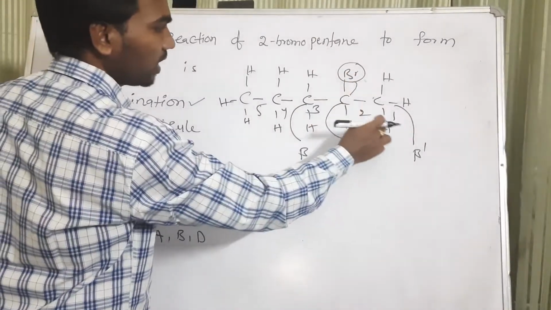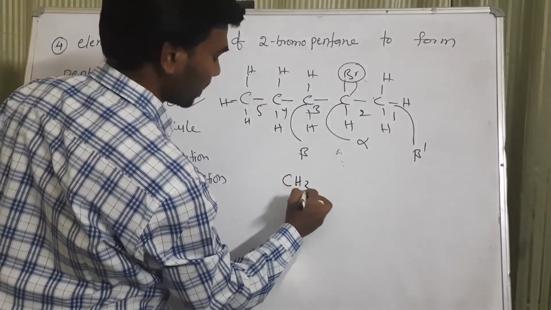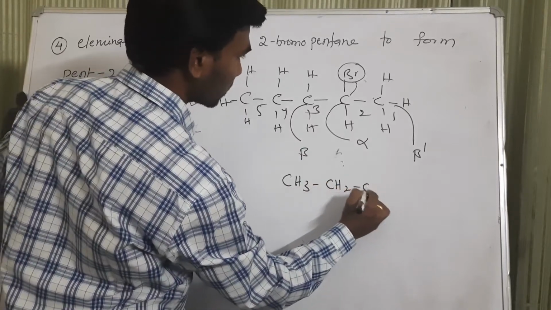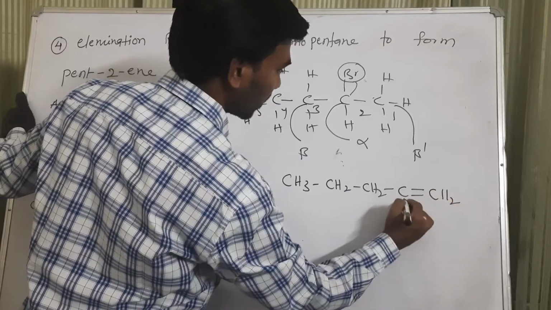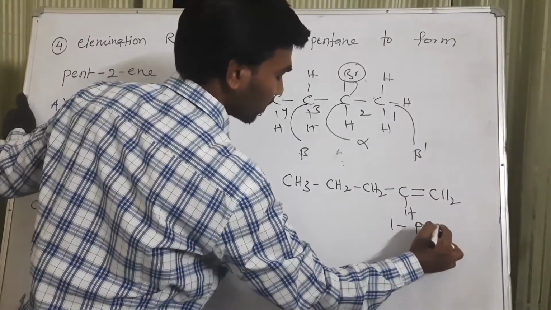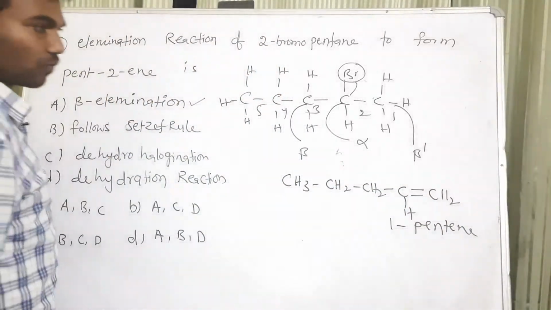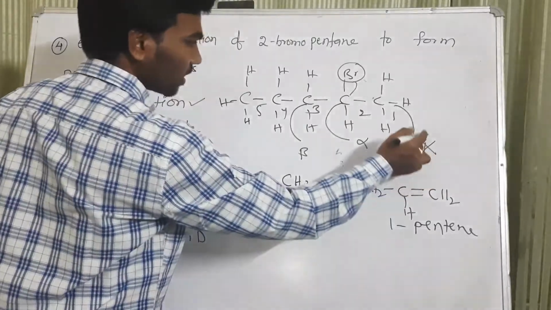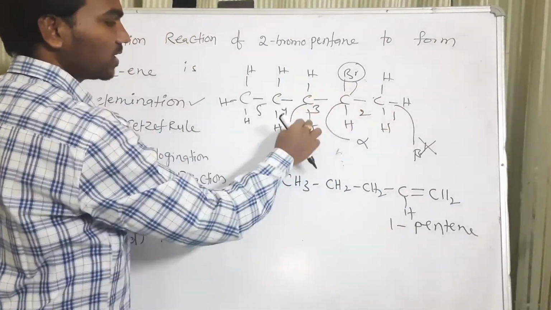If this alkyl halide is utilizing this beta hydrogen, then the product will be CH3, CH2, CH2, CH double bond CH2, right? So this is 1-pentene, but our product is not 1-pentene, we have to form 2-pentene. Means instead of this beta hydrogen, it has to utilize this beta hydrogen.